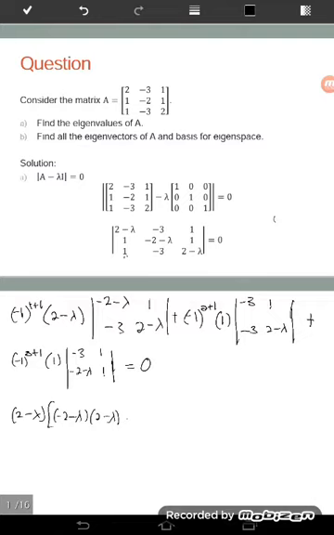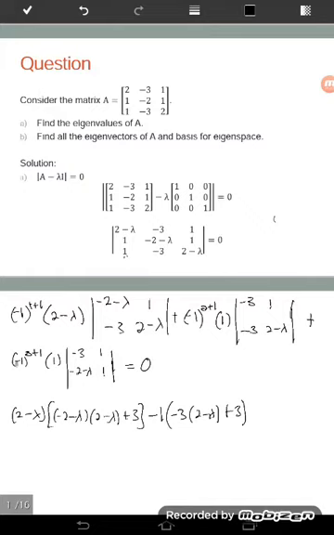So minus negative 3, meaning that plus by 3. And this one, negative 1 power of 3, so becomes minus 1. So minus 1 times by determinant of this one, which is negative 3 times by 2 minus lambda, minus by negative 3 times 1, so becomes plus 3.